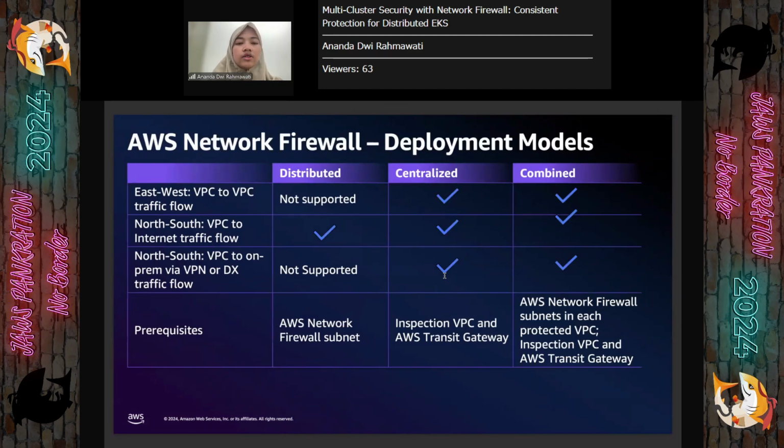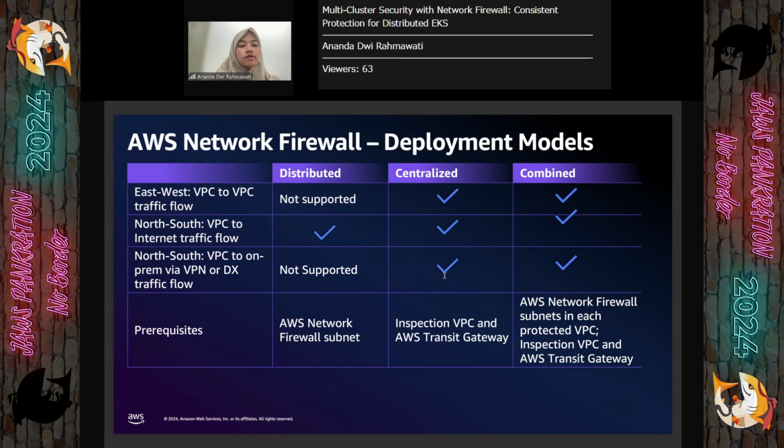So there are three deployment models that we can configure for AWS Network Firewall inside of our multi-cluster Kubernetes. First is distributed.